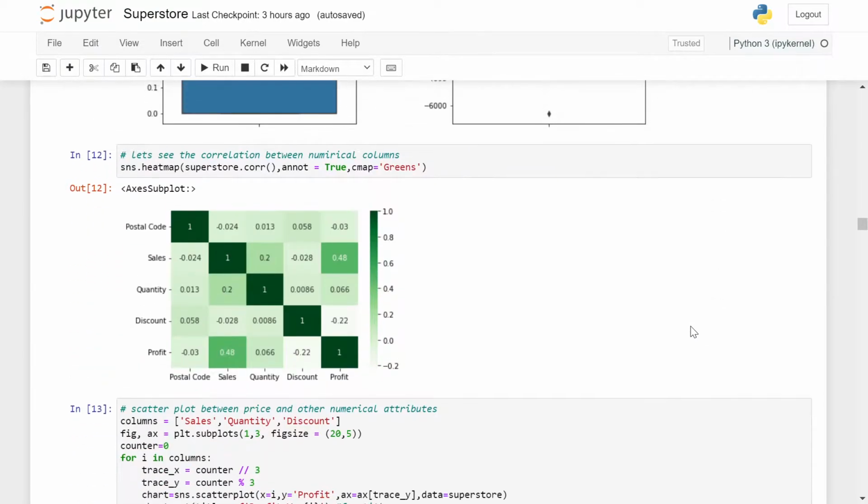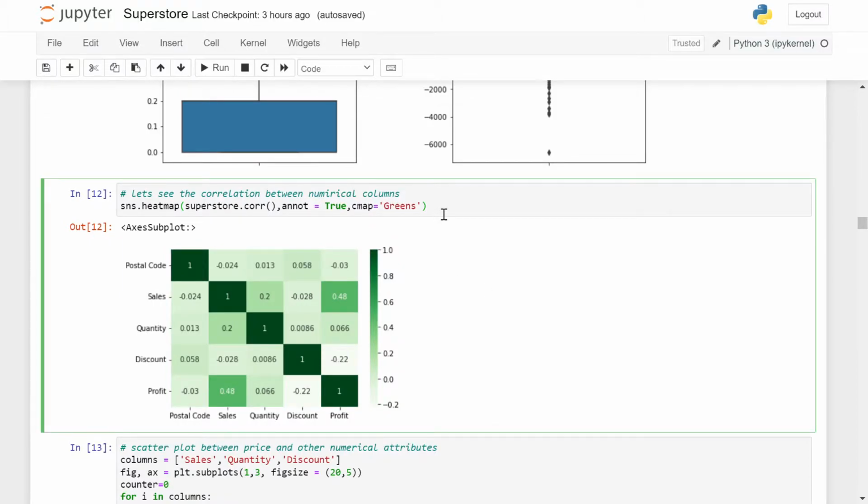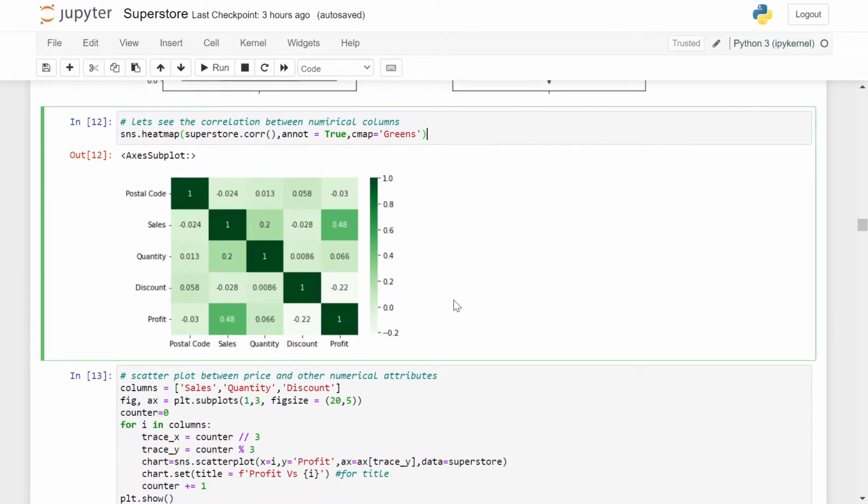Then I plot a heat map to check the correlation between those numerical columns. So here what we see is there is no strong correlation between these numerical variables, but one thing we can notice: profit and discount have a negative correlation, minus 0.22.